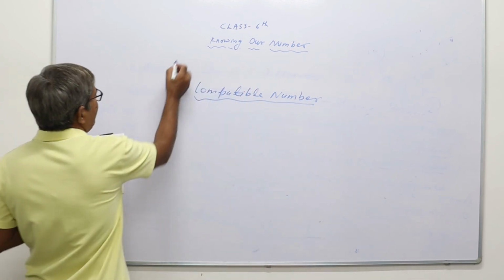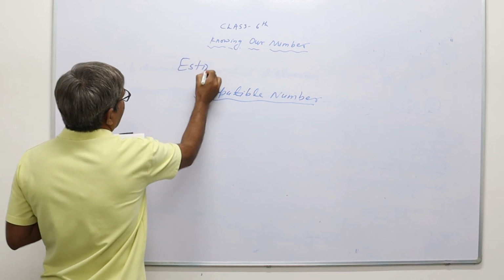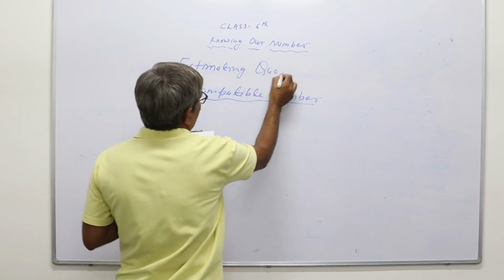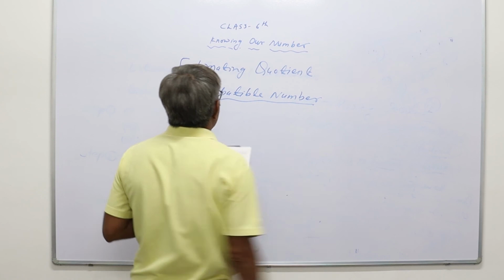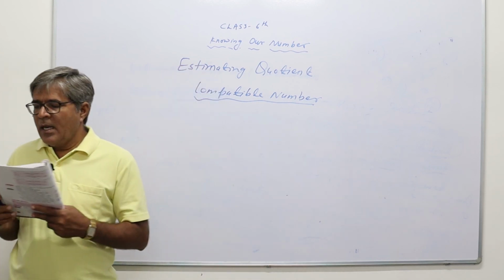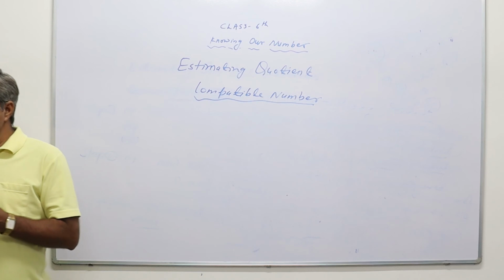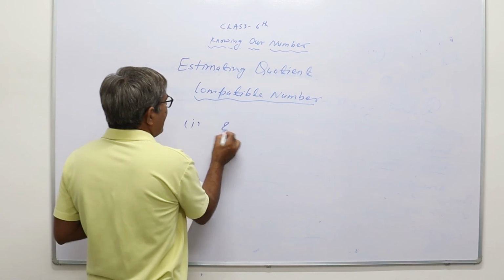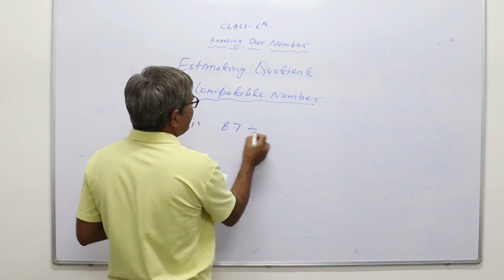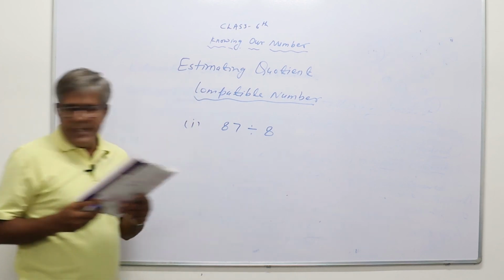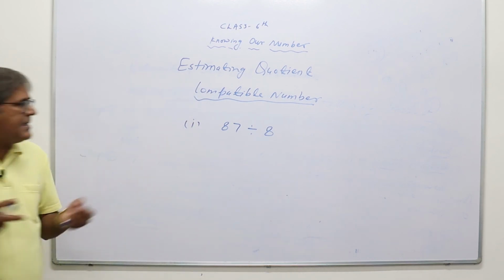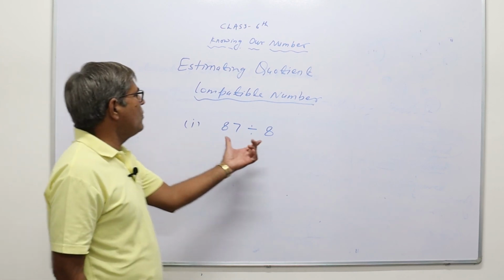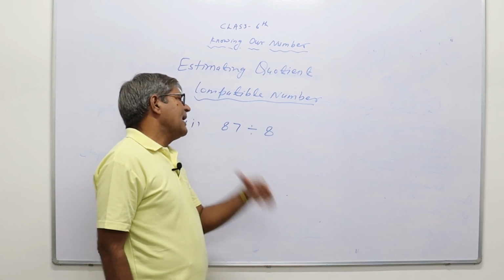For estimating the quotient, compatible numbers. Now compatible number means, for example, if we have to divide the number 87 by the number 8, then we will select the nearest such numbers that can be easily divided.